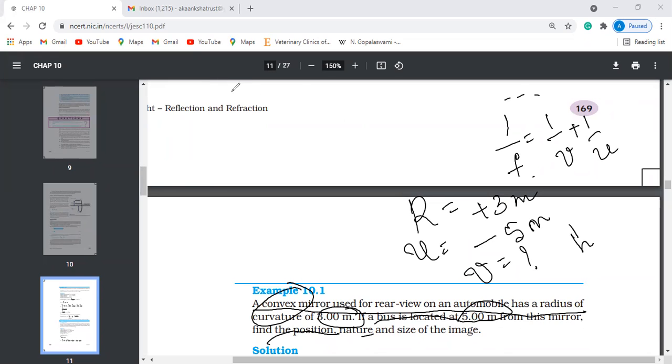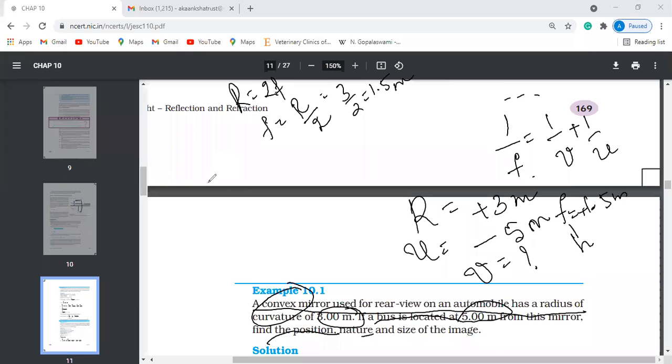So what you have to do, r is equal to 2f, correct? So f is equal to r by 2. So f is 3 divided by 2, so it is 1.5 meter. So f is equal to 1.5 meter.